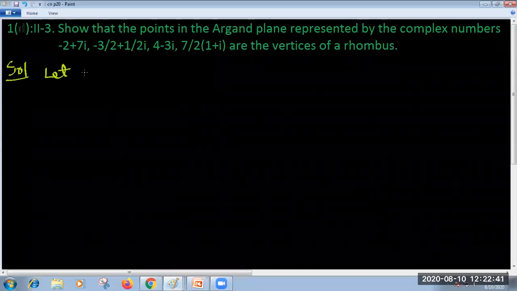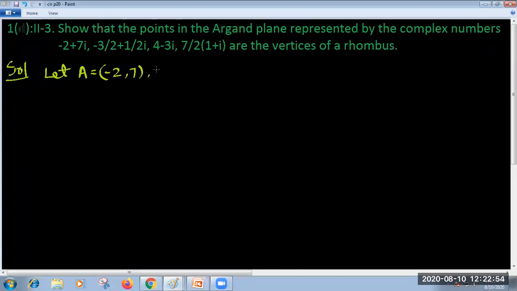Now let the 4 points represented by the complex numbers be: the first point A is equal to (-2, 7). The second point B is (-3/2, 1/2).